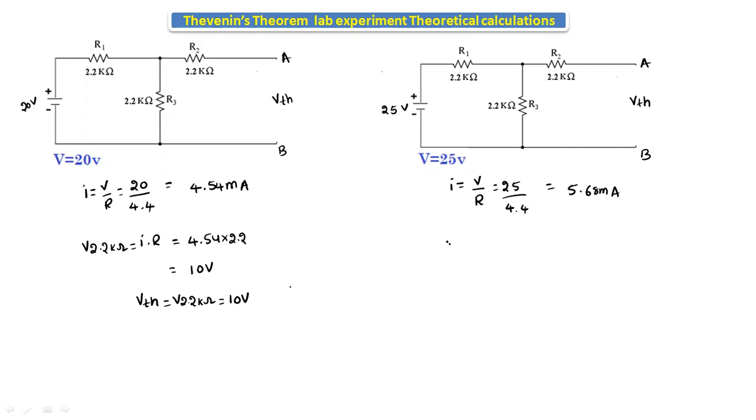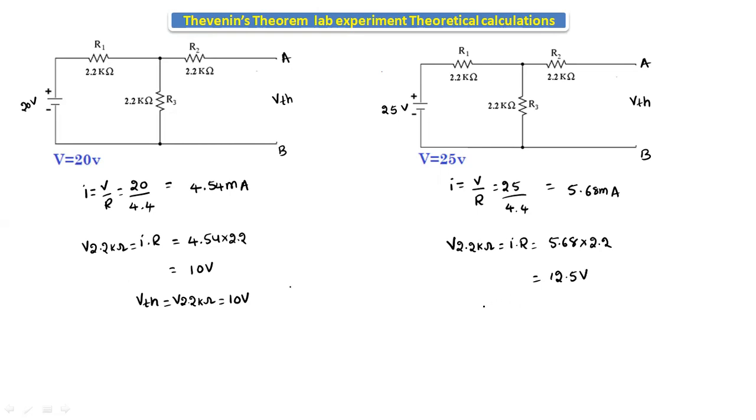Now, if we calculate the voltage across the 2.2 kilo ohm, the formula is I into R. I is equal to 5.68 into R, which is 2.2. If we calculate this, we will get 12.5 volts.